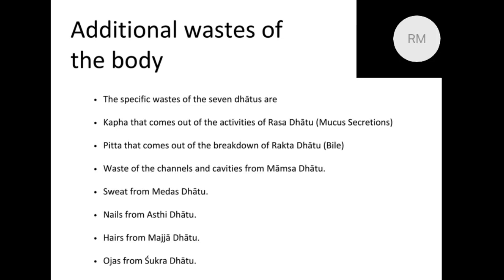This is interesting, that hair and nails are considered actually as waste products. They are said to be produced out of waste products in the human body, and they are said to be impure, and they are actually wastes which are recycled.